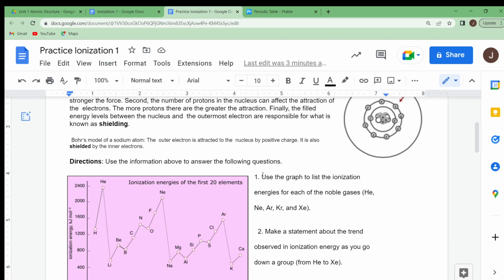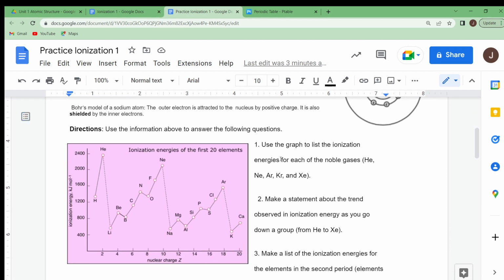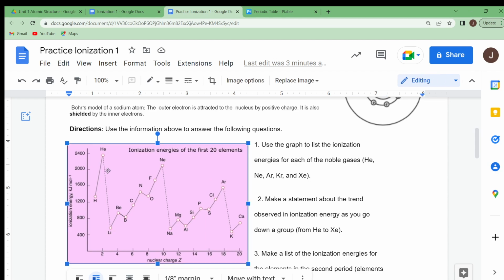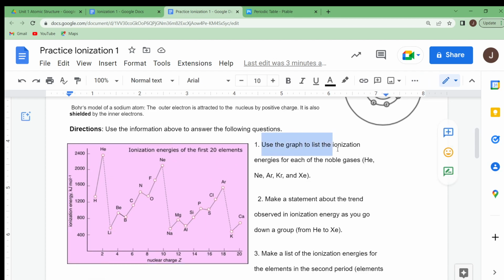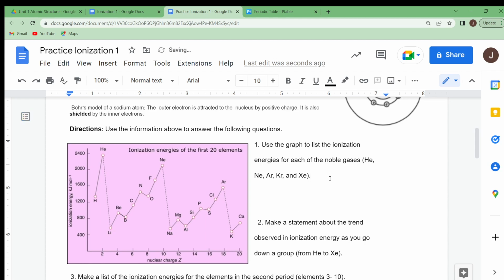So the very first question is having us use a graph, in particular this graph right here. It wants us to list the ionization energies for each of these four noble gases. The very first one is helium, and it looks like that's right about 2350.